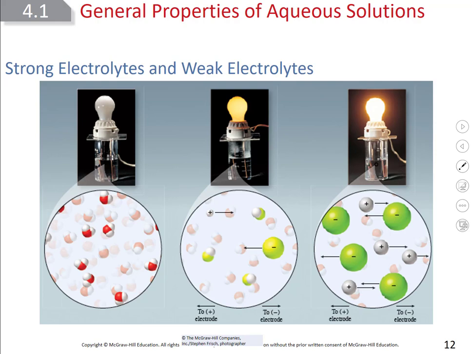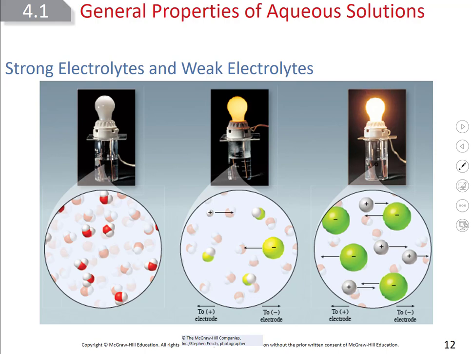All right, so here I've got a weak electrolyte, which means in solution it's mostly still the molecular form, but a few ions did form. In this case, notice the light bulb did light up, but it's not very bright. So some electricity is conducting through the solution, but not a whole lot. Over here I have a strong electrolyte, meaning the majority, if not all, of my compound broke apart to ions.